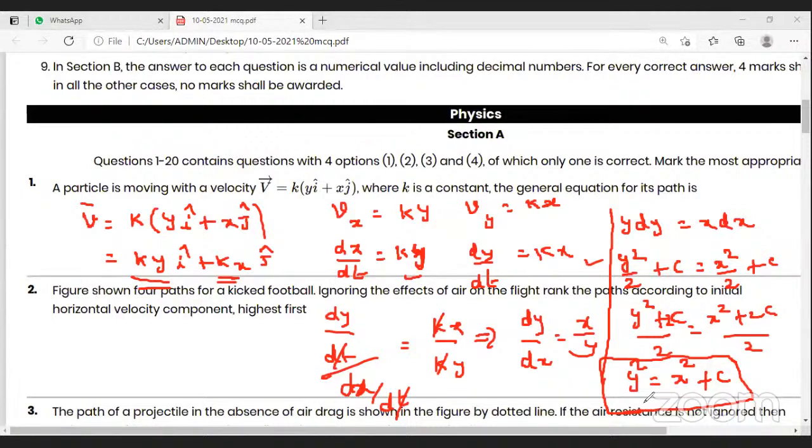If you want to write an equation for its path, first of all you have to consider the x component and y component of velocity separately, and to eliminate the time t, you write the second equation by the first equation, then you will get an equation for dy by dx. By taking cross multiplication, you get y dy equal to x dx, and then by taking integration on both sides, finally you will get y square equal to x square plus c. This is the answer.